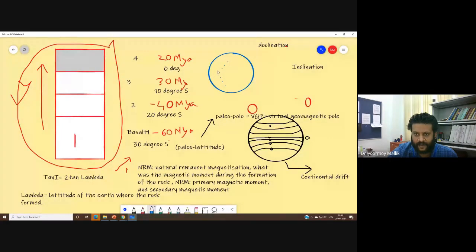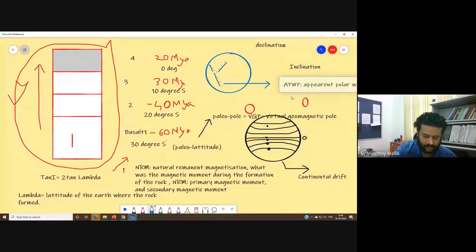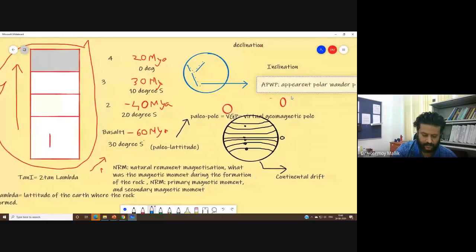I'll tell you why I'm drawing it like this. Such paths are called APWP, or apparent polar wander path.